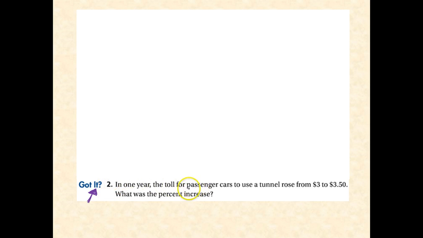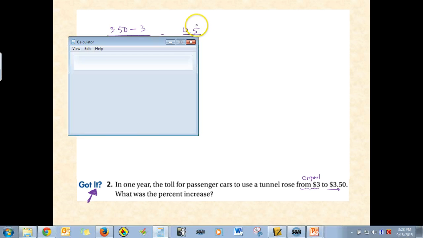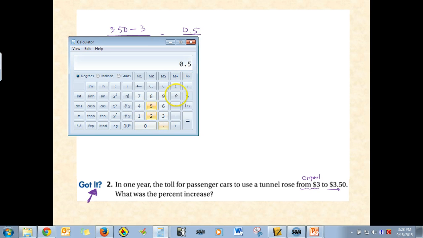Okay, so in 1 year, the toll for passenger cars to use a tunnel rose from $3 to $3.50. So from $3 means that $3 is the original. So we're going to do big number minus little number divided by original number. 3.5 minus 3 is 0.5. 0.5 divided by 3 is 0.16666666.